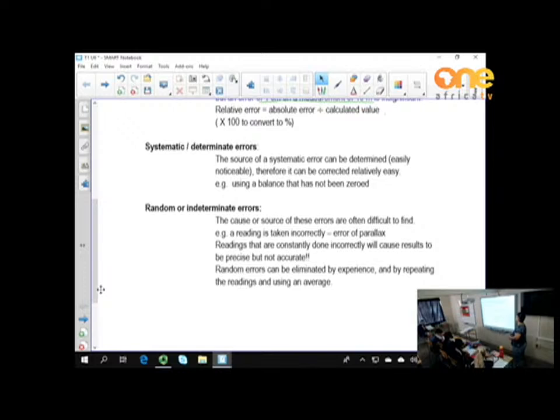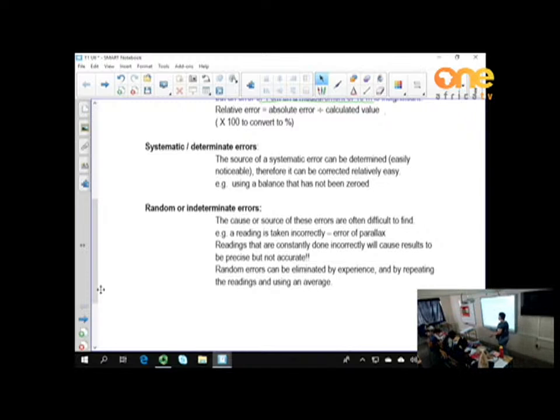Systematic or determinate errors: we said the source of a systematic error we can find easily and correct easily. It's something you've done wrong consistently throughout, maybe you took the reading on the edge of the calibration instead of in the middle.